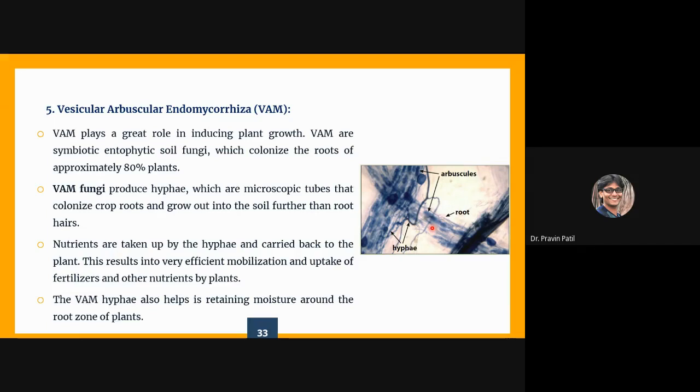VAM hyphae can also help to retain moisture. As we all know, the longer the roots, the more highly branched the roots, the more capacity they have to hold moisture and water. And even though these are at microscopic level, when you look at the mass culture, they can definitely help hold the moisture for a longer time, and that ultimately enhances the fertility of the soil.